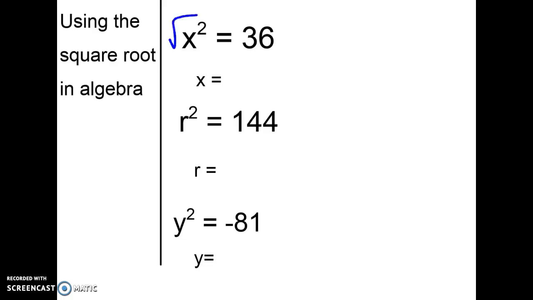To solve that, you'd take the square root of both sides, and a lot of people put 6 for x. But if you think about it, what number could I plug in for x to make this true? I could do 6, since 6 squared is 36, but negative 6 squared is also 36. So there are actually two answers.